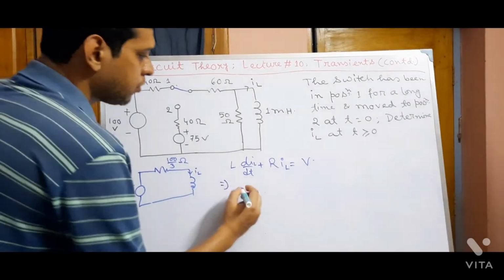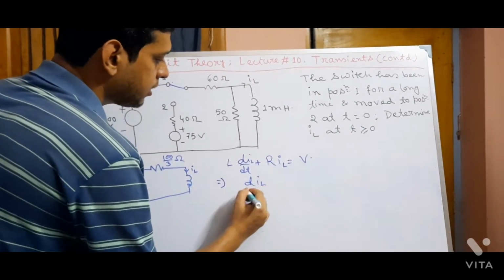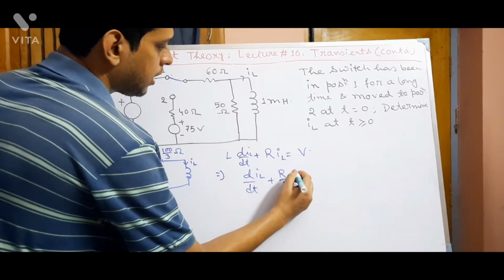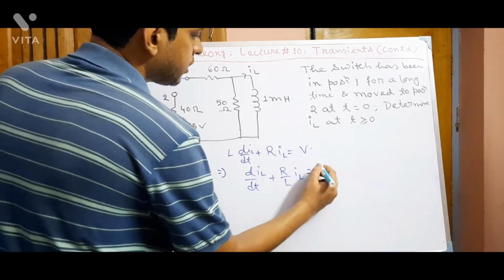So dIL/dt plus R by L IL equal to V by L.